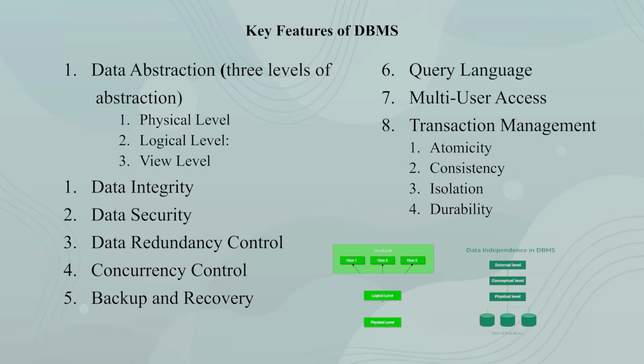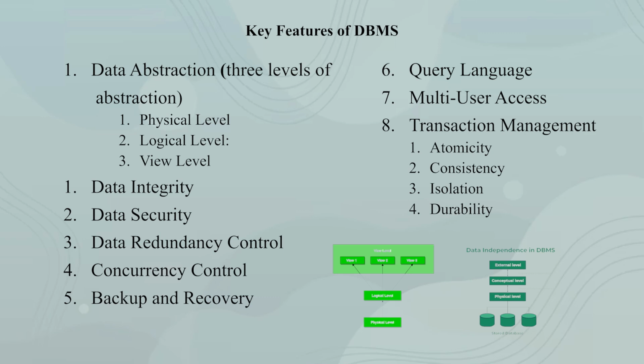For example, two users editing the same record simultaneously. Then backup and recovery: it protects against data loss by creating backups, enabling recovery of the data after failures, ensuring the database's durability.